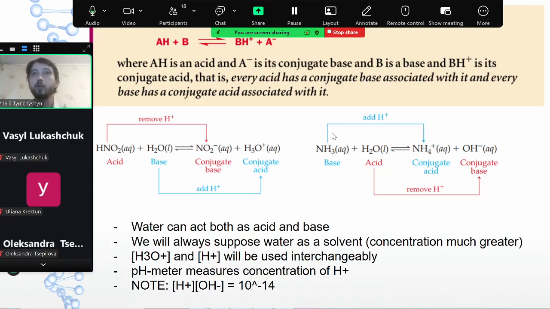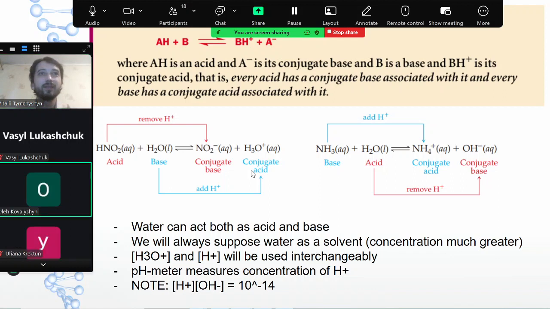Here is another case. We have a base and we have water acting as an acid. So what does the base do? By Brønsted-Lowry, it receives a proton.